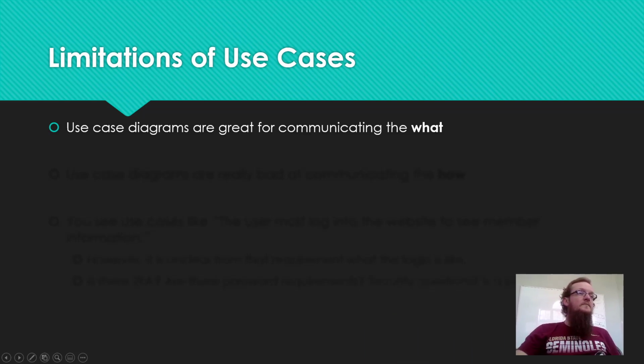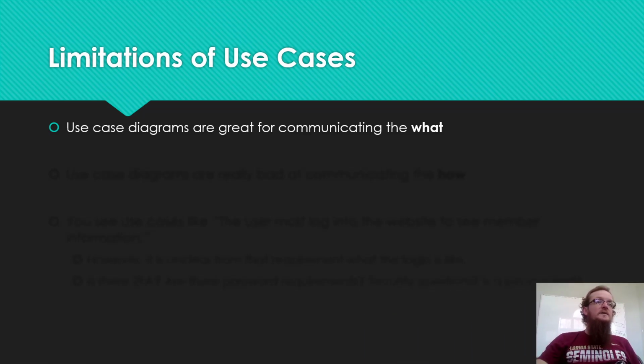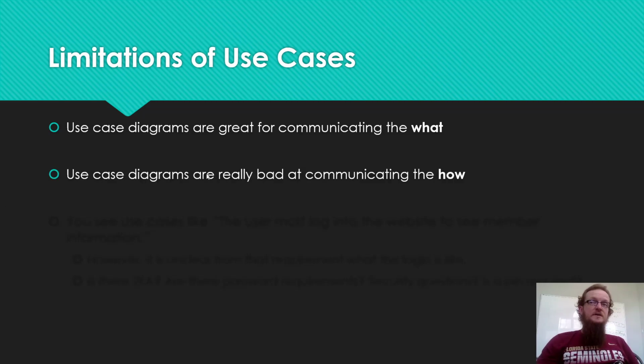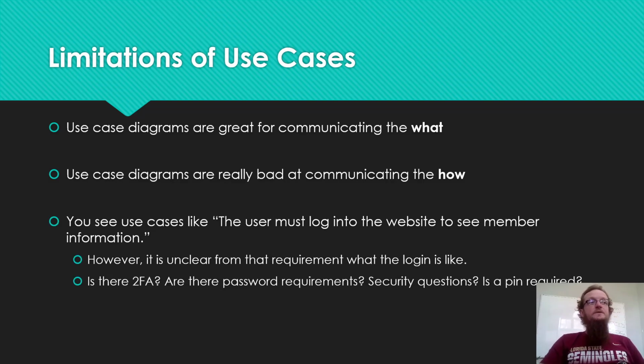So use cases are really, really good at telling you what the system should actually be doing. They are not very good at telling you how the system should accomplish what it is you're trying to accomplish. And so you can see things like a user needs to log into the website in order to see their member information.